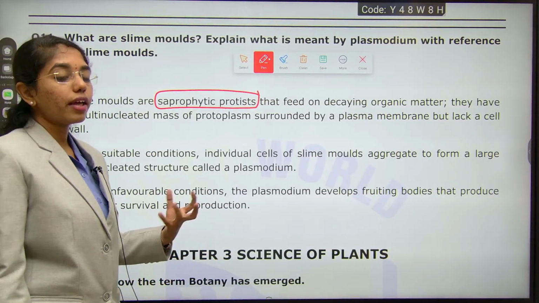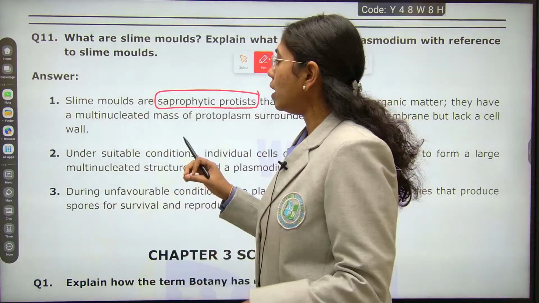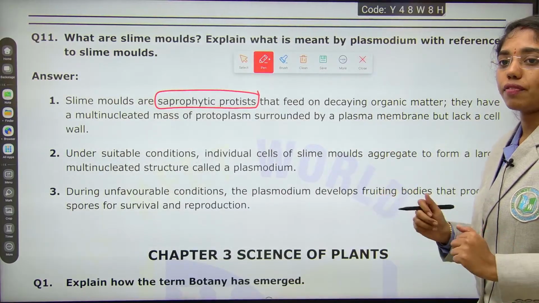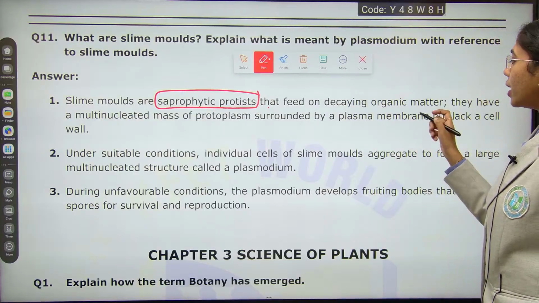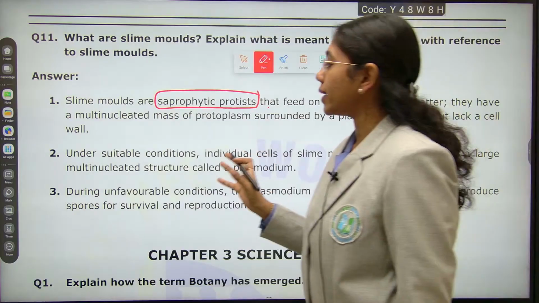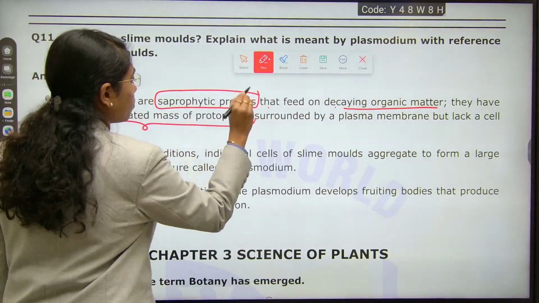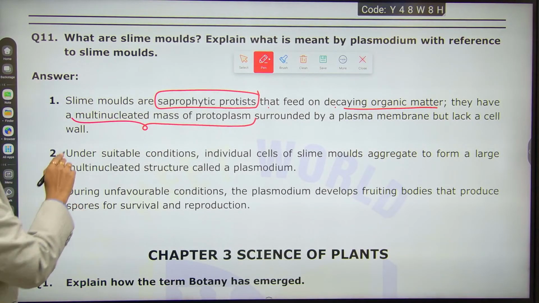During their favorable conditions, they will extend their false feet and increase their surface area. They have a multinucleated mass of protoplasm which is surrounded by plasma membrane, but they lack cell wall.